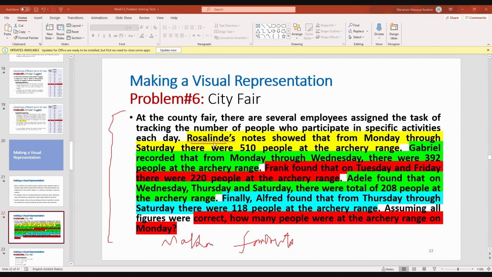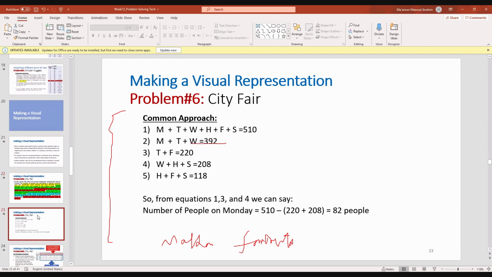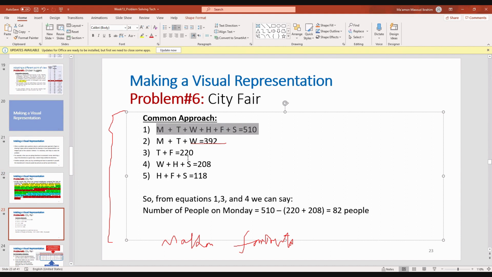For example, look at the first statement here. Rosalinda's notes showed that from Monday through Saturday there were 510 people. So this is the formula for Rosalinda: from Monday until Saturday, Monday plus Tuesday plus Wednesday plus Thursday plus Friday plus Saturday, we have 510 people.